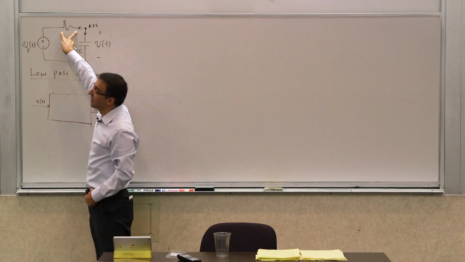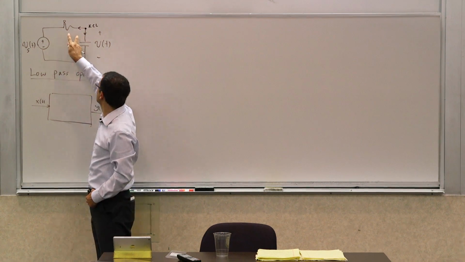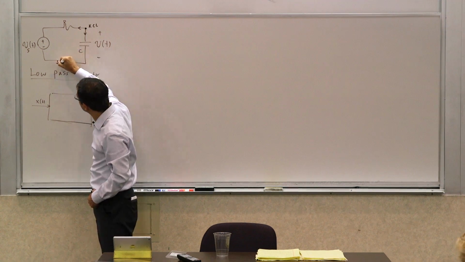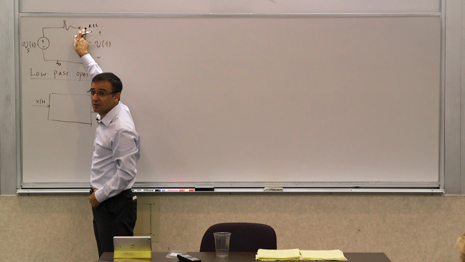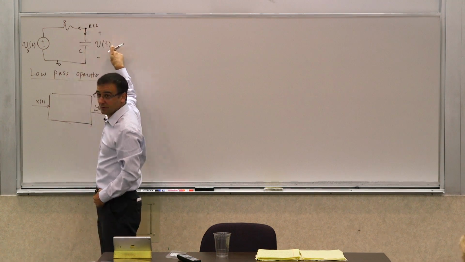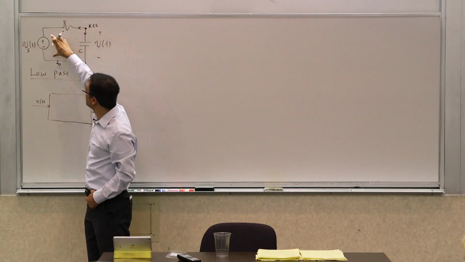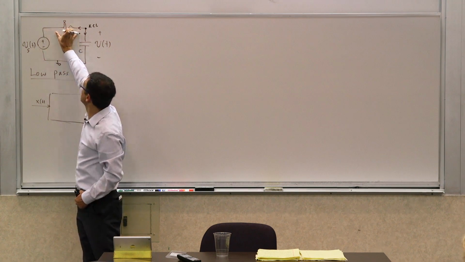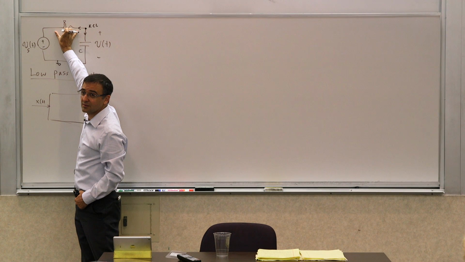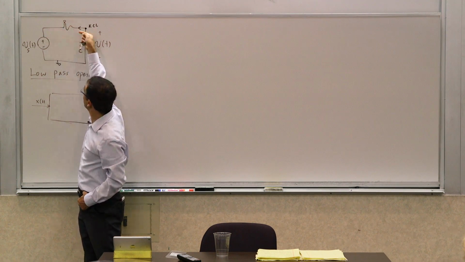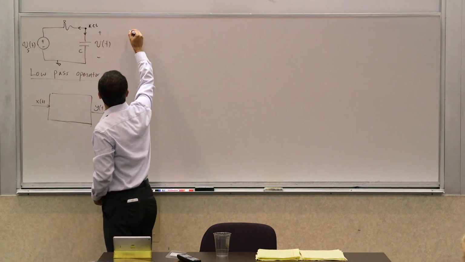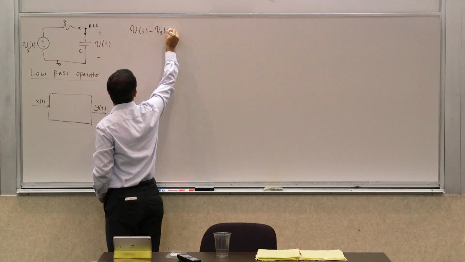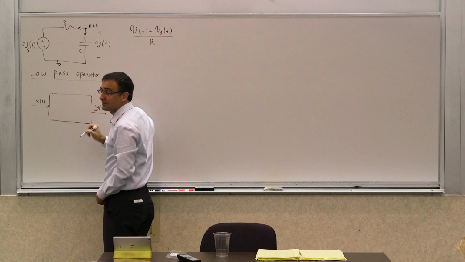What is the voltage across this resistor? Not necessarily, right? What is the voltage on this node? If this is ground, what is the voltage on this node? V, right? We've made it V. What is the voltage on this node? Vs. So what is the voltage difference across the resistor? V minus Vs, if you want to have the current going in this way, right? So it's going to be V of t minus Vs of t, divided by R.